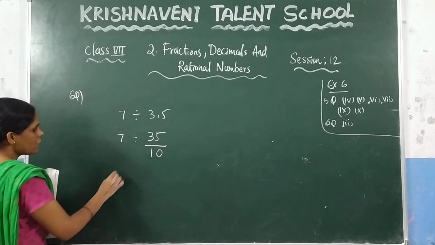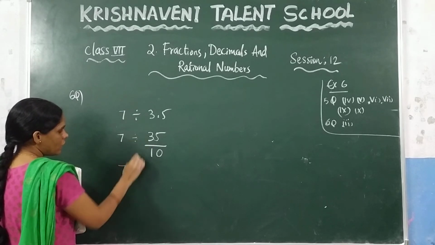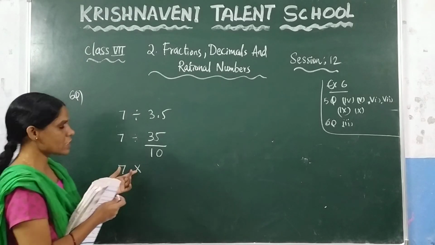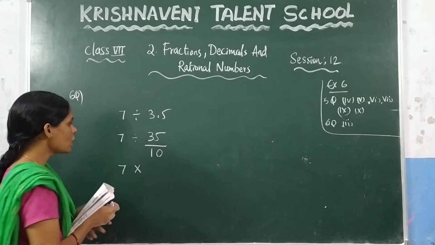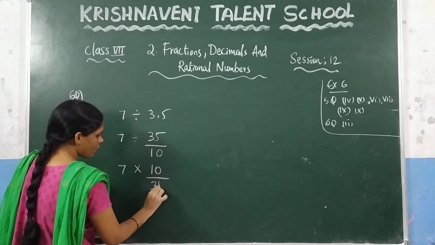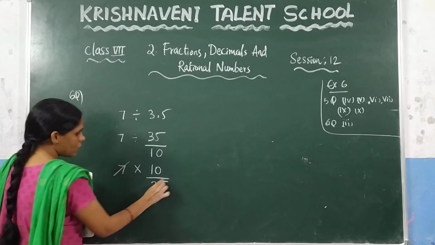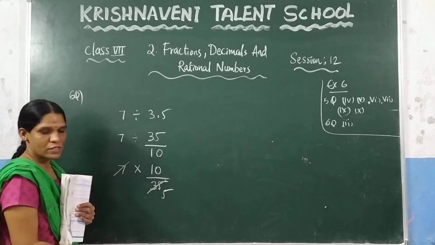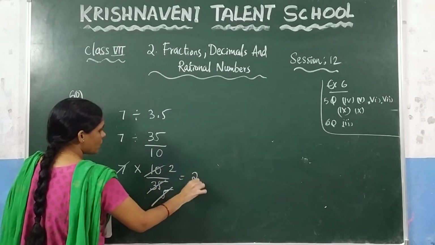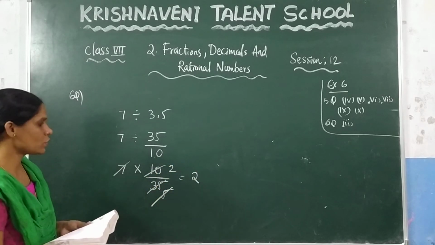And after that 7, in the case of division keep multiplication. So you need to write the reciprocal, and the reciprocal is nothing but reversing the number. So you can write 35 by 10 as 10 by 35. So here you know that 7 ones, 7 5s will get cancelled, 7 5s are 35, and after that here 5 ones and 5 2s. So what will be the answer here? Like this you need to solve.